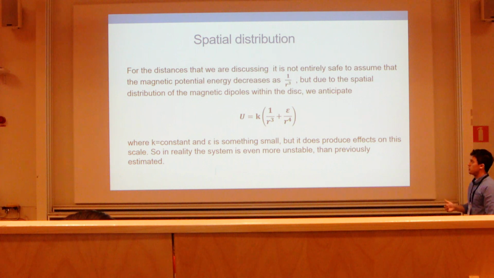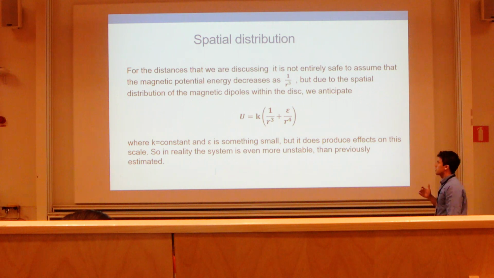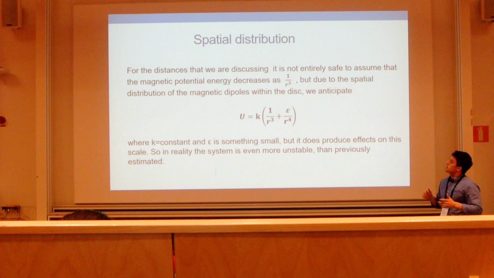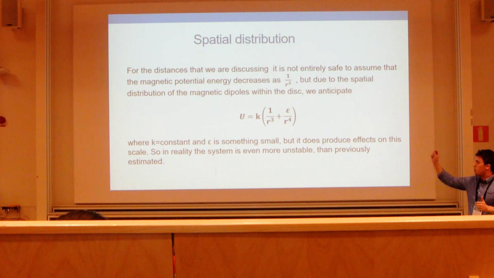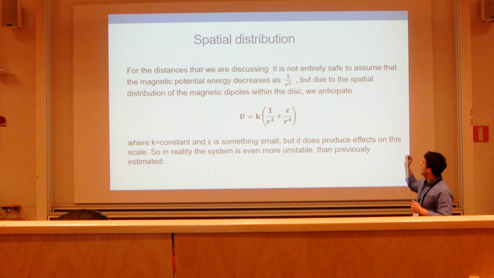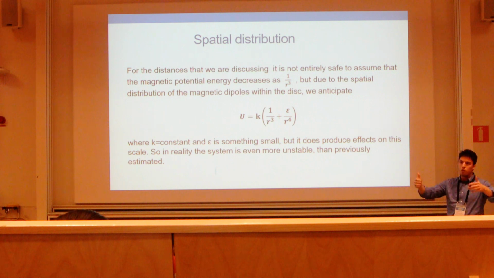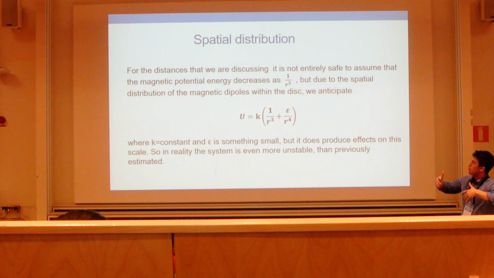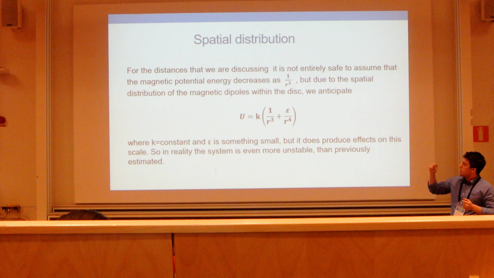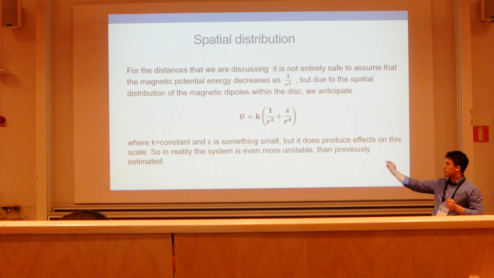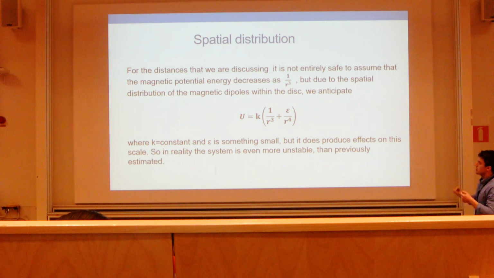A special distribution. For the distances that we are discussing, it's not entirely safe to assume that the magnetic potential energy decreases as 1 over r cubed. Because of the special distribution of the magnetic dipoles within the disk, we anticipate the magnetic potential to be something more like that, where K is a constant and T is something small, but it does produce effects on this scale.